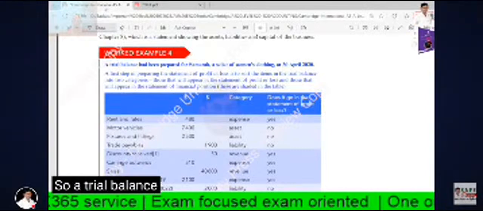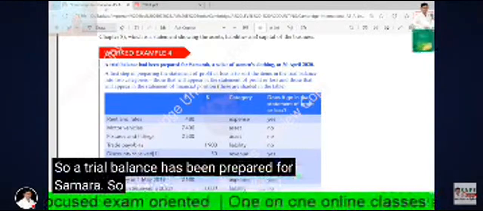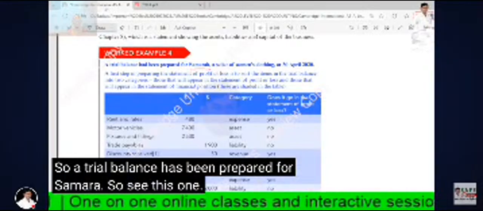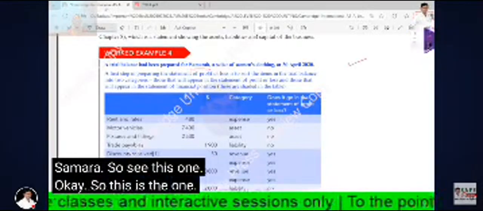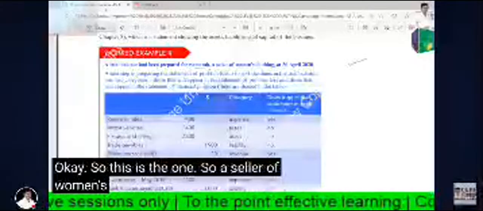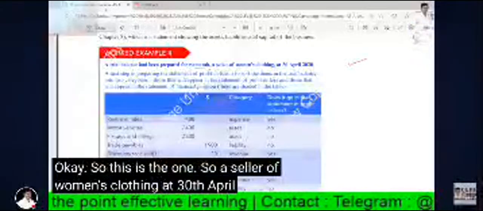The trial balance has been prepared for Samara, a seller of women's clothing, at 30th April 2020.